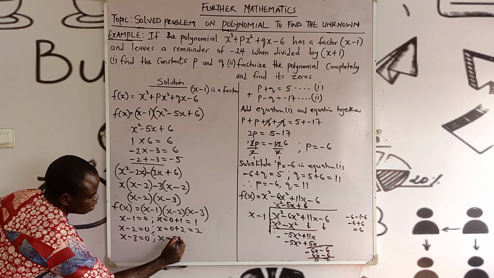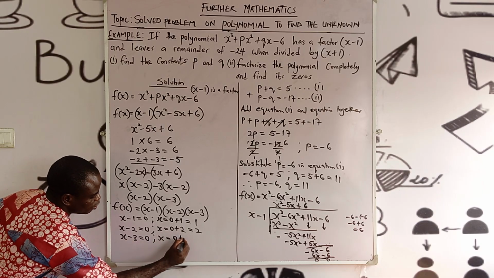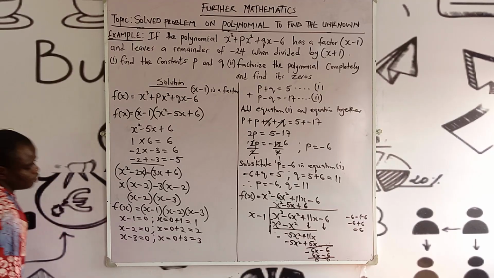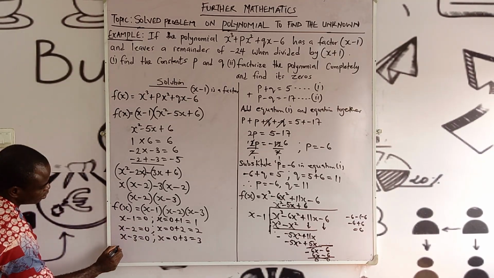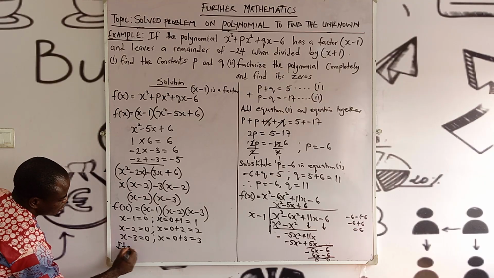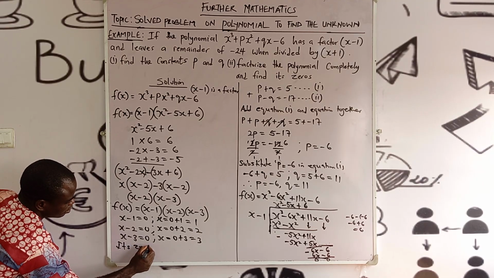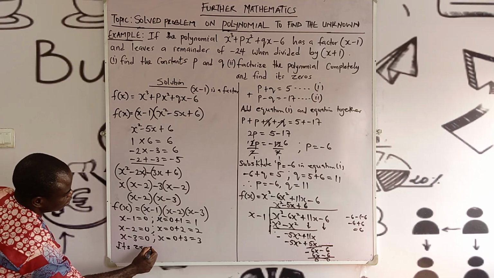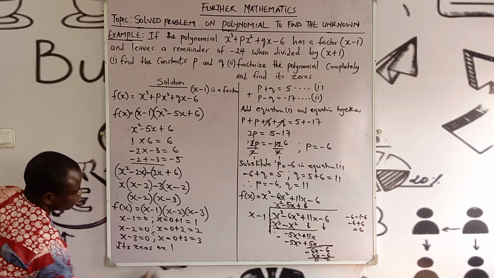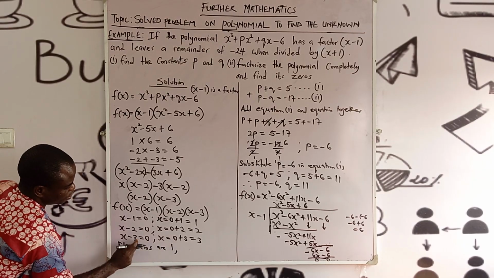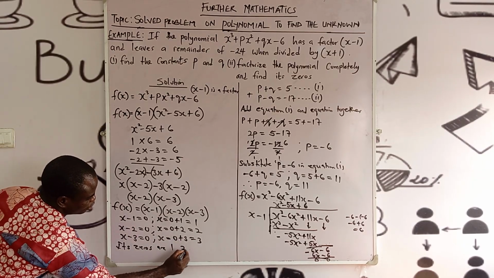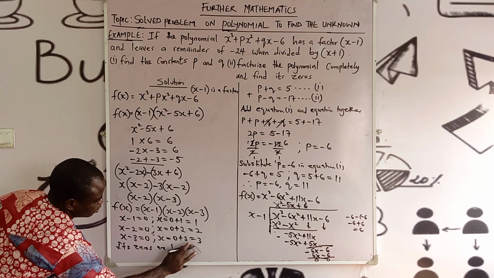When you take across the equal sign, you turn to positive, plus 3 equals 3. Okay? Its zeros are 1, 2, and 3.